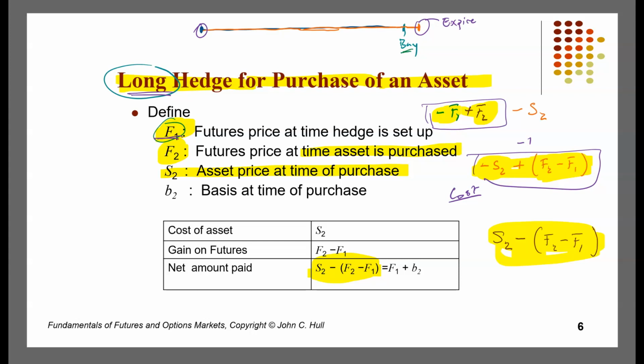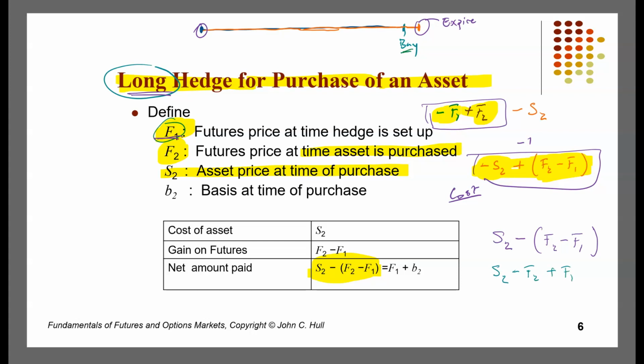Now I can rewrite this a slightly different way. How about I get rid of those parentheses? If I do, what I'm going to get is S2 minus F2 plus F1.